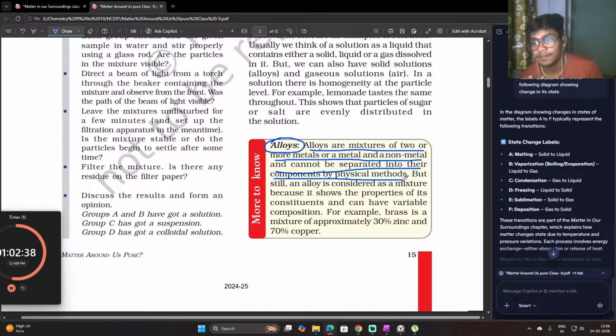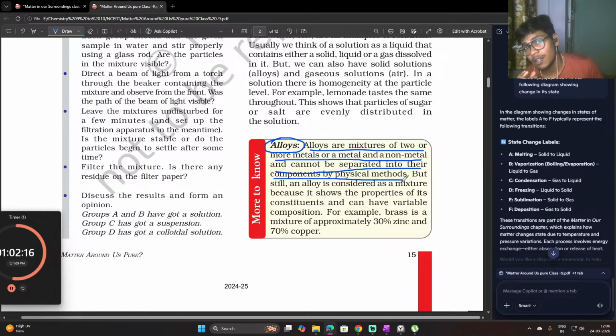But still an alloy is considered a mixture because it shows the properties of its constituents and can have variable composition. For example, brass is a mixture of approximately 30% zinc and 70% copper.